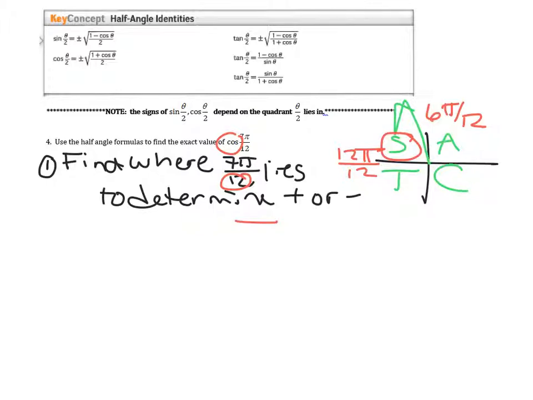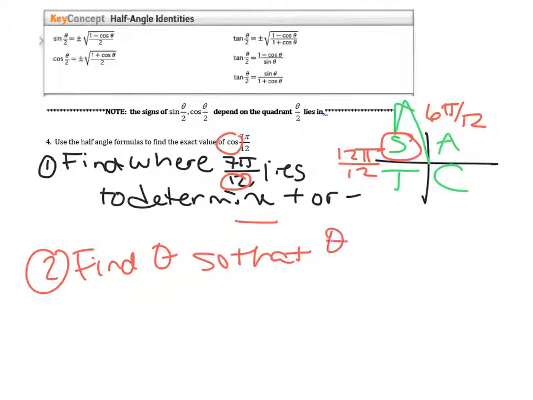Then we need to figure out what angle on your unit circle, when you divide by 2, gives you 7 pi over 12. So you need to find theta so that theta over 2 equals 7 pi over 12. Because you're going to have to come up with some angle that's on your unit circle that when you divide it by 2 gives you 7 pi over 12.